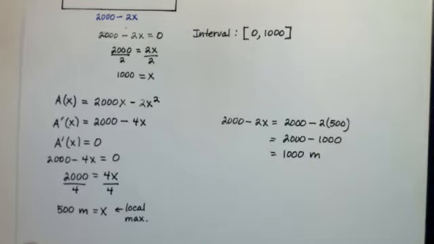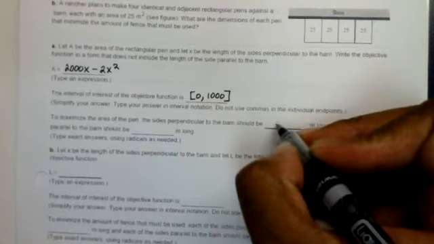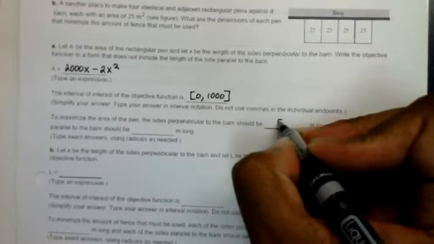Okay. So to answer that question, to maximize the area of the pen, the sides perpendicular to the barn, that's this side and this side, should be 500 meters long.